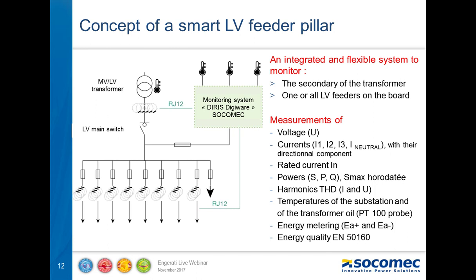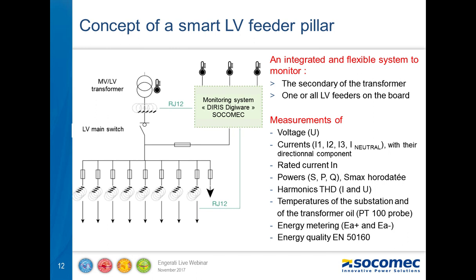Following what you want and what the utility, the operator, wants, we can measure only the voltage and current. We can also monitor powers, and we can go up to the monitoring of the harmonic distortion on currents and voltage. So this is complete measurement and monitoring of the low voltage network.